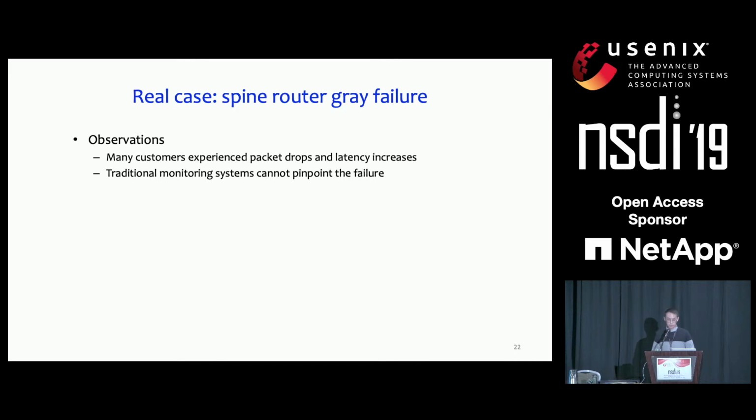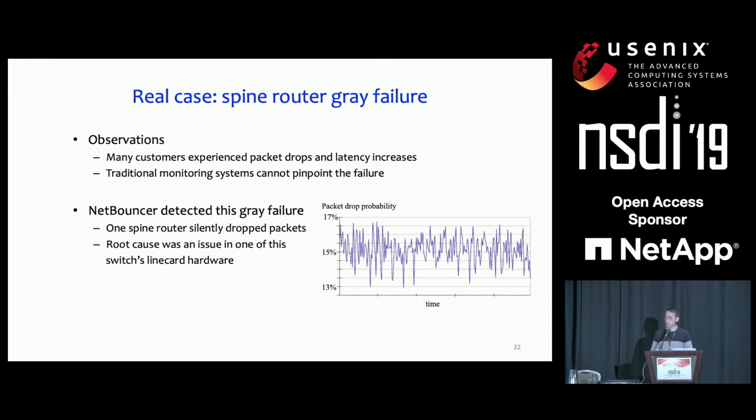In 2015, we observed that many of our customers experienced packet drops and latency increases. However, the traditional monitoring system says nothing. This is another NS problem. One significant difference here is that we have NetBouncer this time. By using NetBouncer, we can quickly pinpoint where the problem is. And here is a packet drop probability figure for the dropping link. The x-axis is the time.